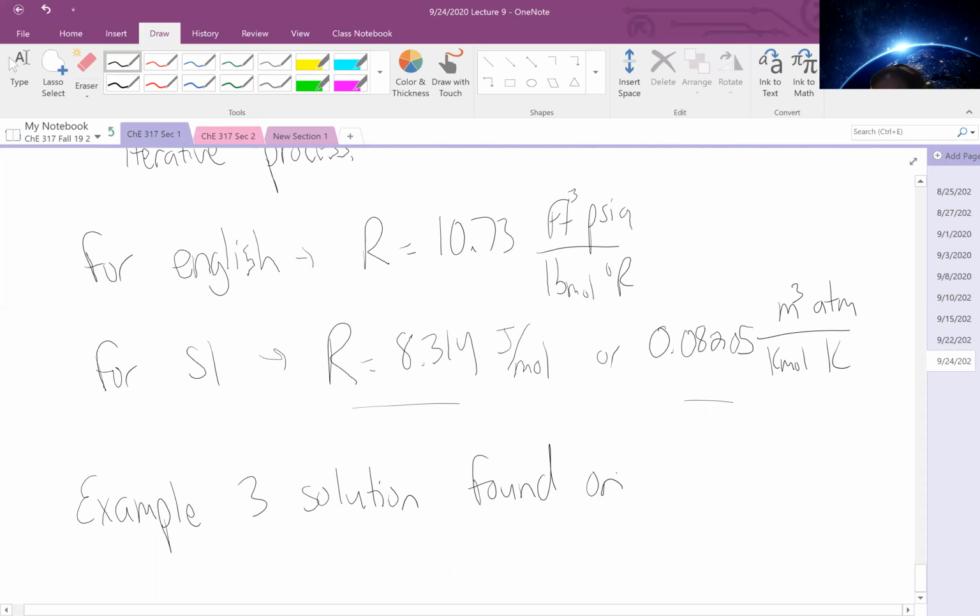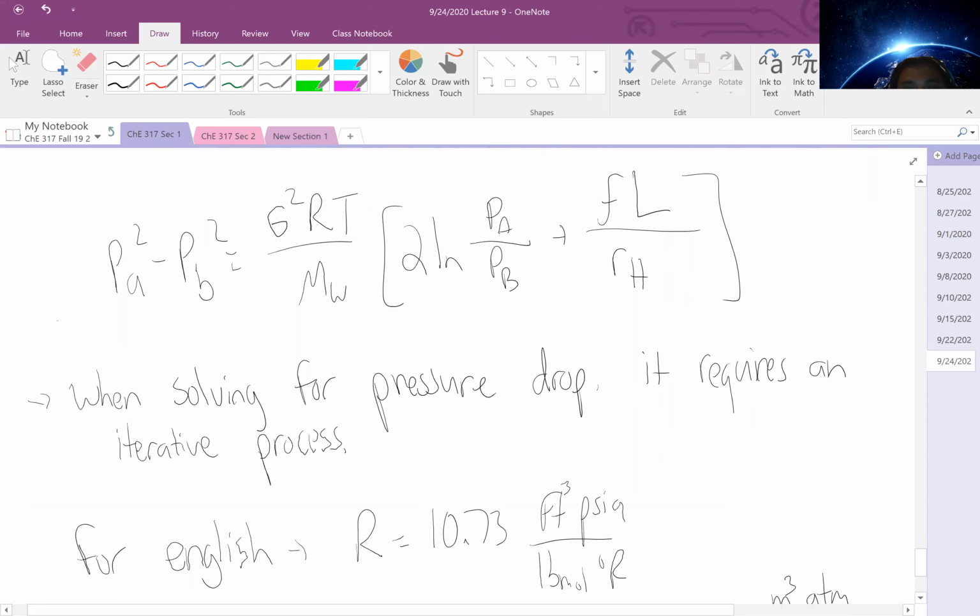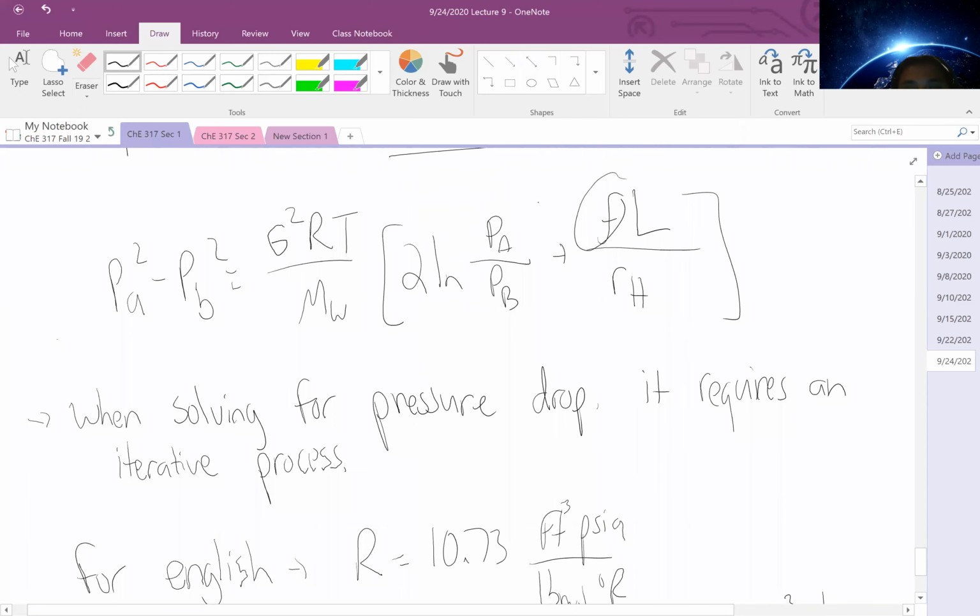So I would go ahead and give it a shot, and then read through the solution that they have. It's just an iterative process, but you're also going to have to do the same things in terms of f, with that being the arithmetic average.